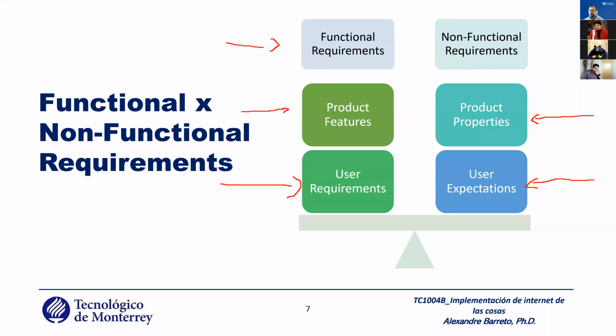Usability most of the time is a non-functional requirement because it's an expectation. I expect that the system is easy to use. There is no feature about it. Do you understand the difference between non-functional and functional requirements? Yeah.